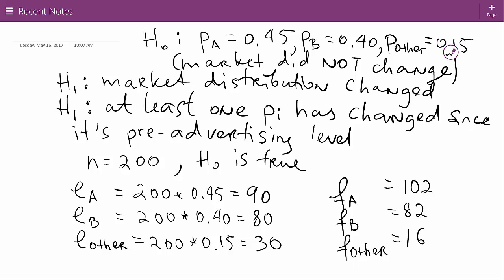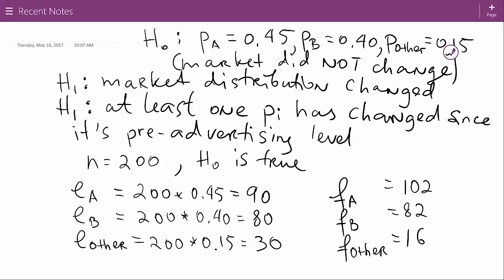All right. So I see some differences, right? It's not quite the same as what my null would say, okay? So if null was true, then I would expect 90 people to say company A. In actuality, it was a little bit more than that, 102. 80 people would say company B, and I saw 82, which is fairly close, right? And 30 people should say other companies, and only 16.